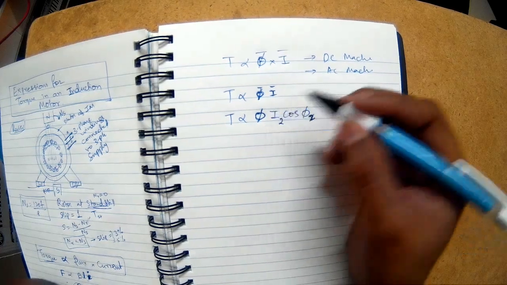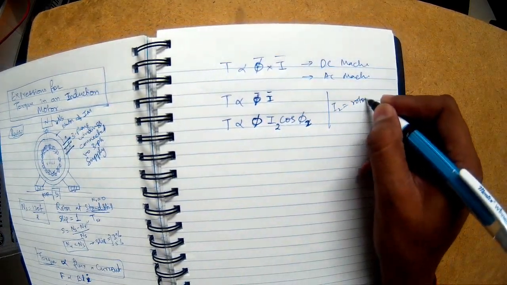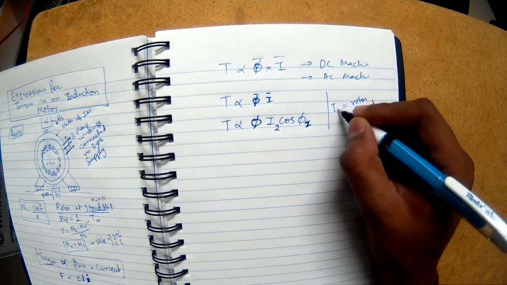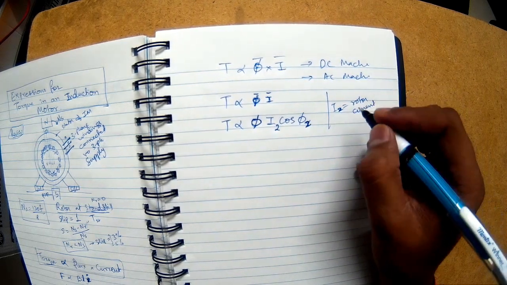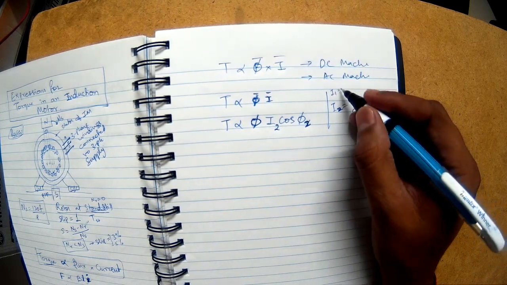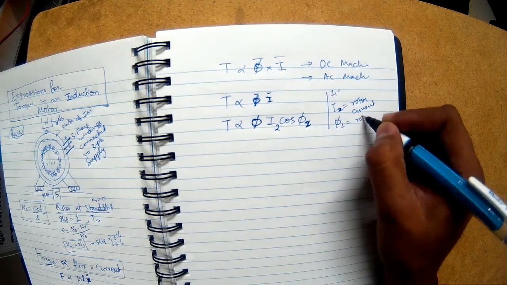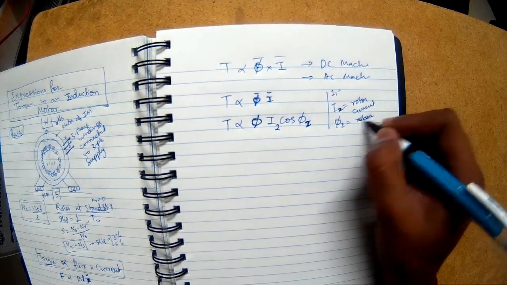It's not constant, it's an alternating flux. 2 is a subscript used for the rotor, 1 is a subscript used for the stator. So for example, I1 will be the stator current per phase, I2 will be the rotor current per phase. Similarly, phi 2 is the phase angle.